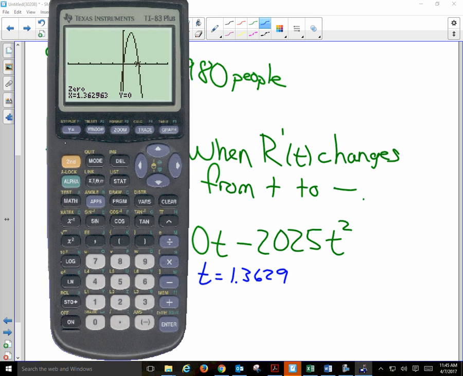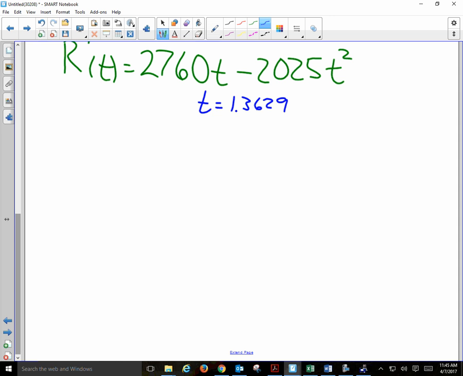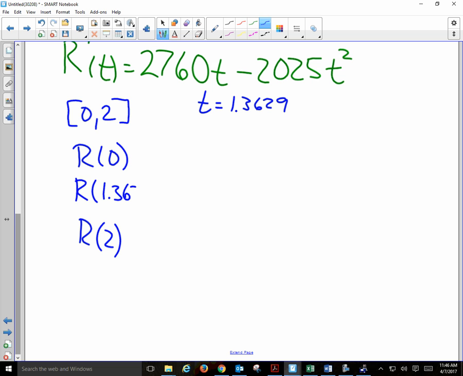Now, I want to show you why the answer key expresses it the way that it does. And maybe I'd get points off for this, I'm really not sure. Anytime you're checking for that spot where it crosses over from positive to negative, the question is, when is it at a maximum? Well, this is a closed interval from 0 to 2. And when we checked for maximum values in a closed interval, we had to check r of 0, r of 2, but then also where the derivative was equal to 0, r of 1.3629.